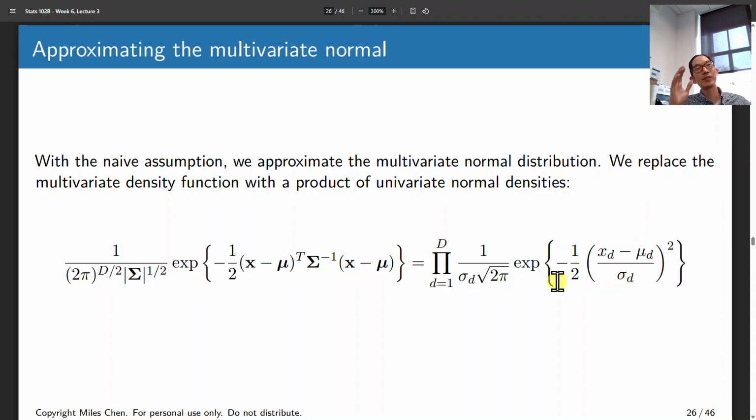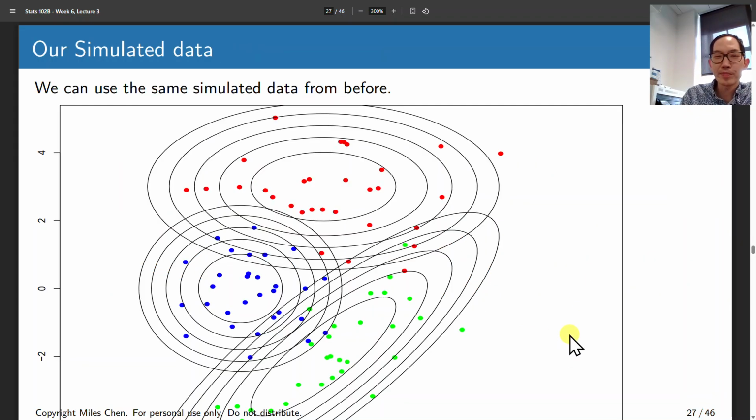So rather than having to do the multivariate where I have covariance between x1 and x2, and between x1 and x3, and x2 and x3, and so on and so forth, I just say, hey, we've got a univariate x1, a univariate x2, and a univariate x3, and the joint distribution of everything is going to be the product, okay? So when things are independent, the joint distribution is just the product of the components. And that's what we do, all right? And that makes our life easier, okay?